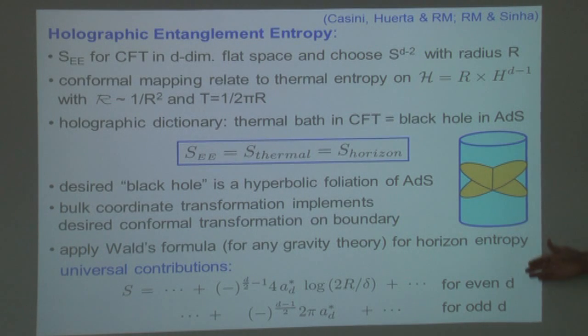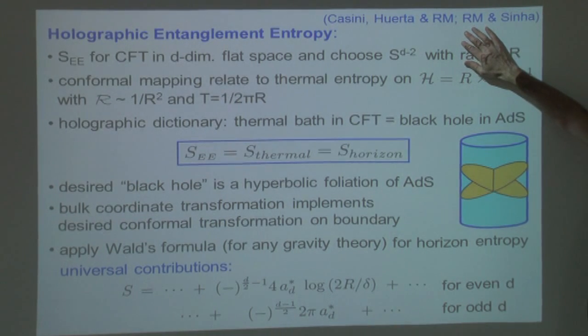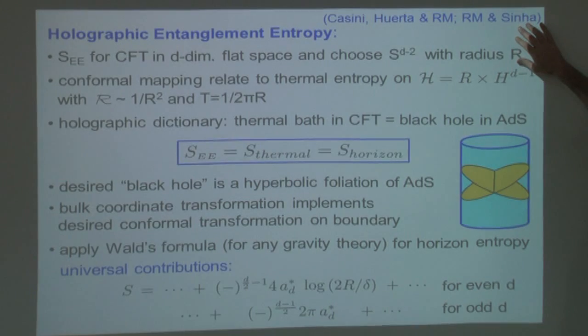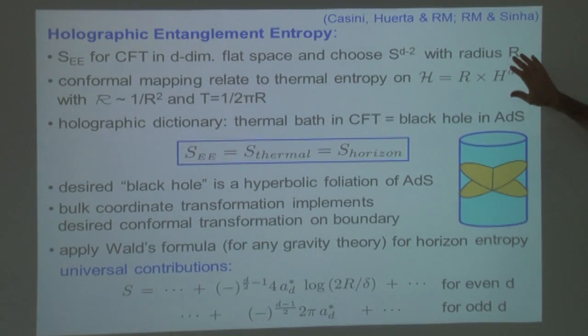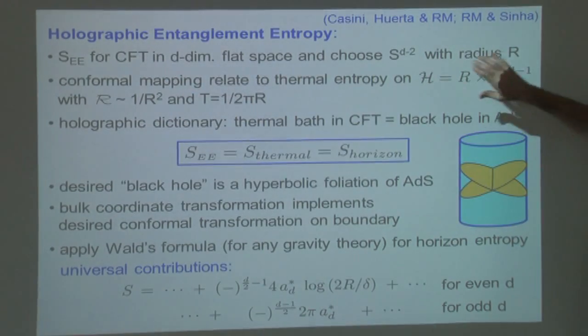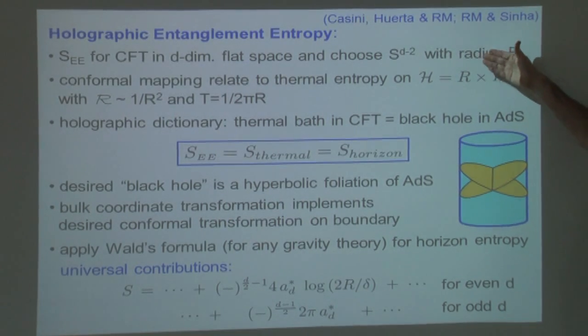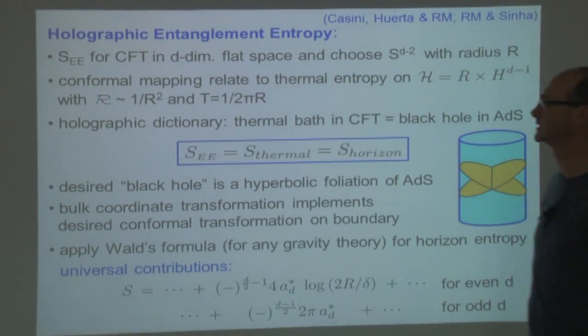But again, just to run through the words here, the way that we established how to calculate in the holographic context is I set up this problem, then I use the conformal symmetry of the theory, and we do a mapping to some other space where our entanglement entropy calculation turns into a thermal entropy calculation.